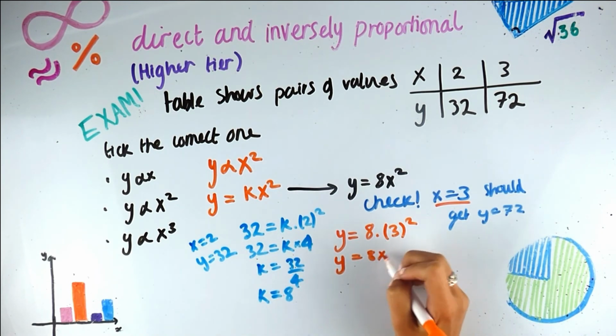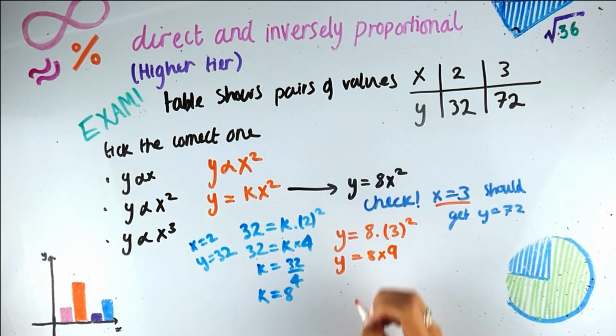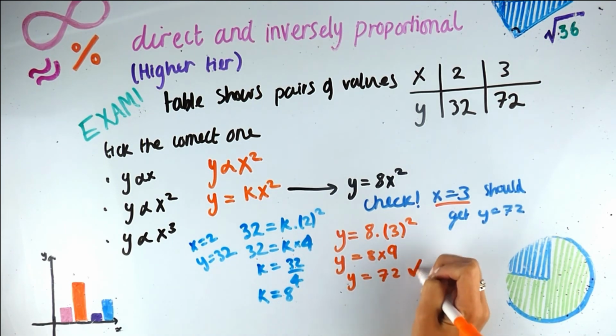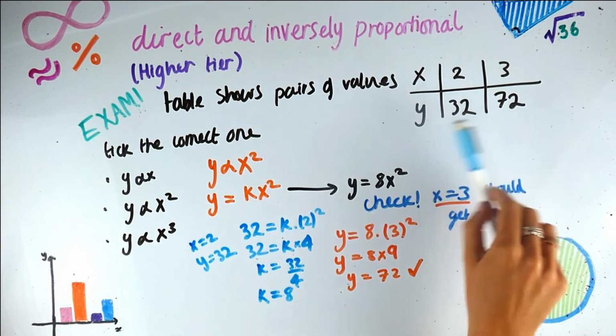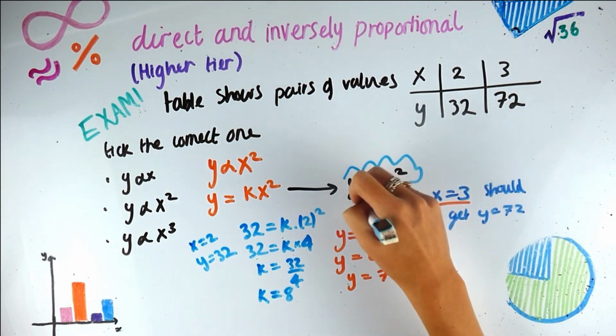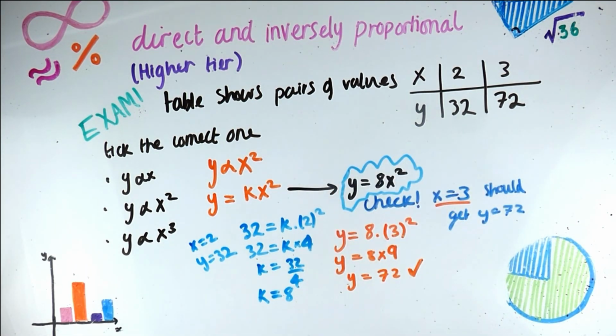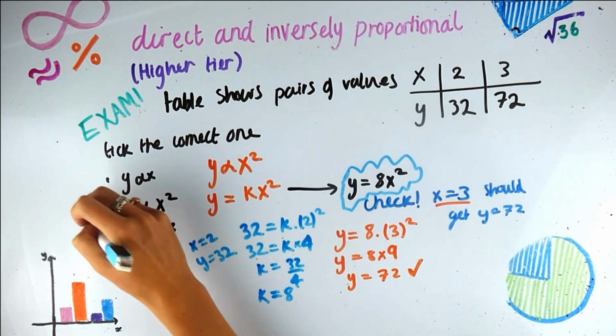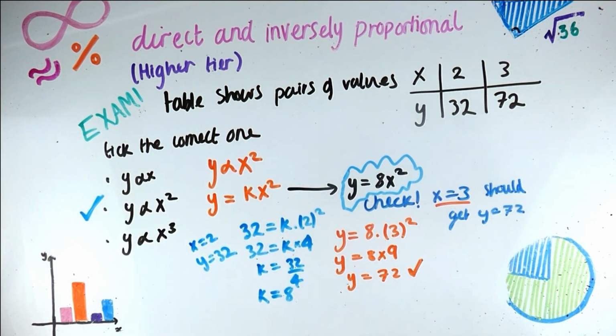Y equals 8 multiplied by 3 squared, which is 9. And 8 times 9 is in fact 72. Bingo, so we know that that does work for both data points. So we know our equation would be y equals 8x squared, and we know that y is proportional to x squared, so that is the one we tick.